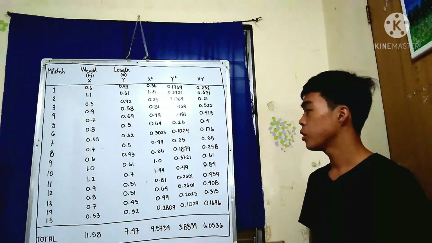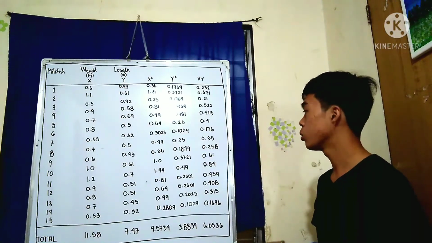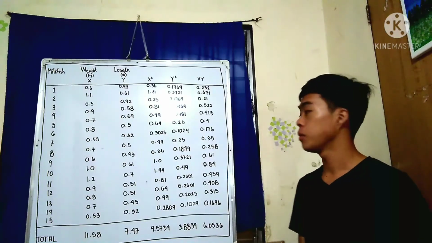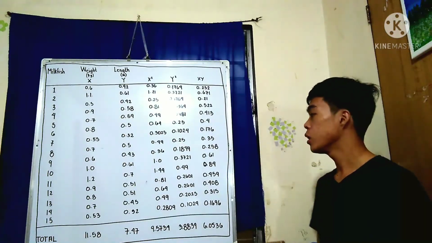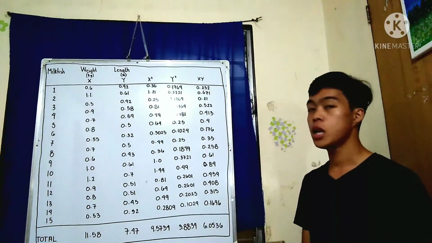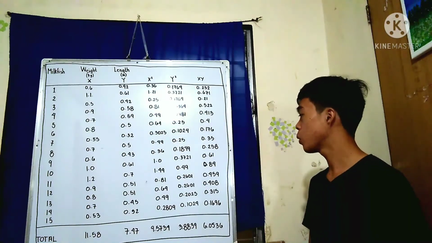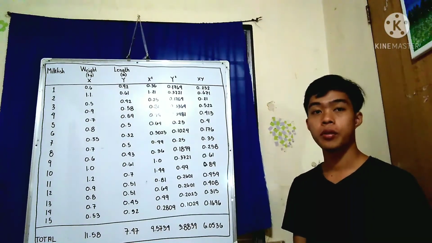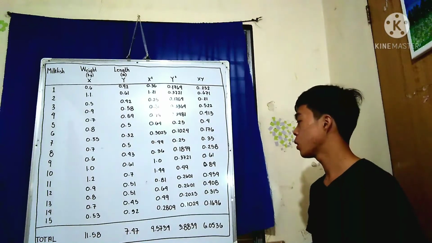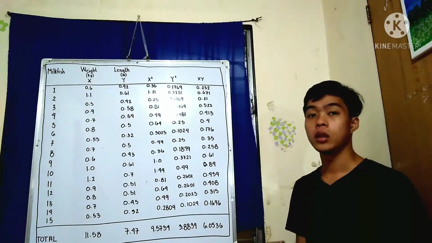1.2 times 0.7 is equal to 0.84. 0.9 times 0.51 is equal to 0.459. 0.8 times 0.51 is equal to 0.408. 0.7 times 0.45 is equal to 0.315.